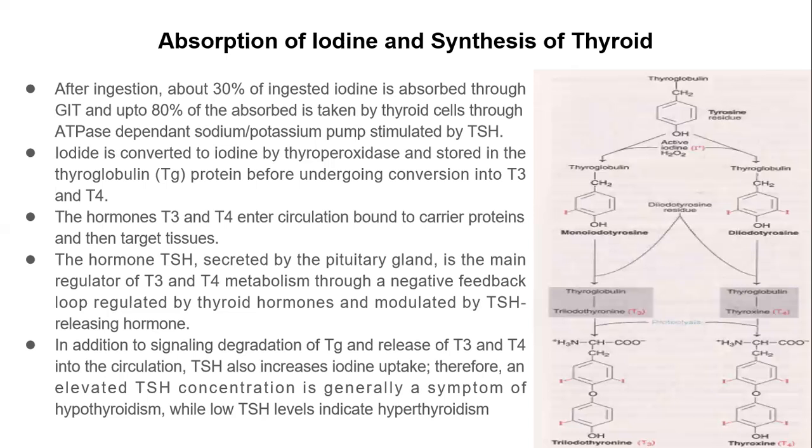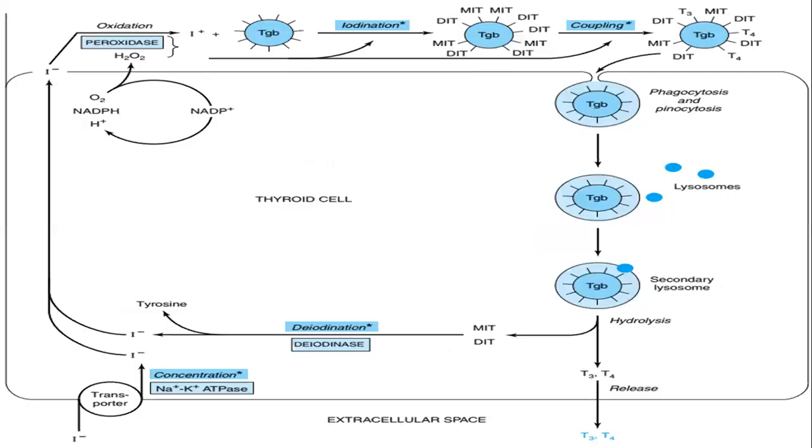About 30% of this is absorbed, while 70% will not be absorbed. Out of this 30%, up to about 80% is taken up by the thyroid cells, whereas the 20% is taken by other cells and then finally excreted out of the body. The 80% taken up will then be metabolized by the body.